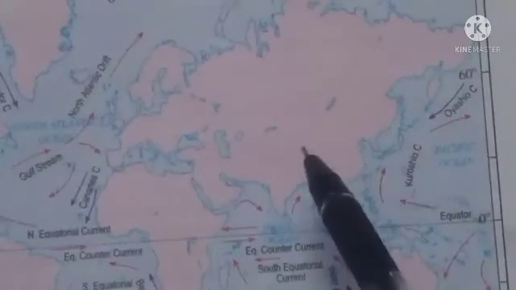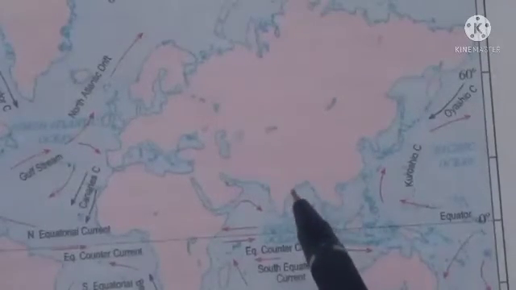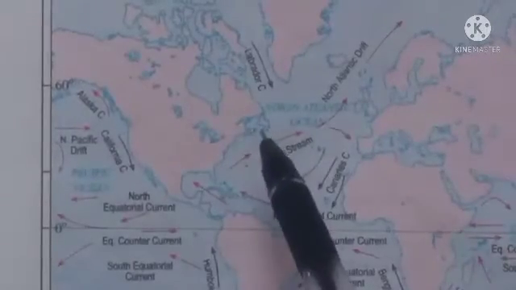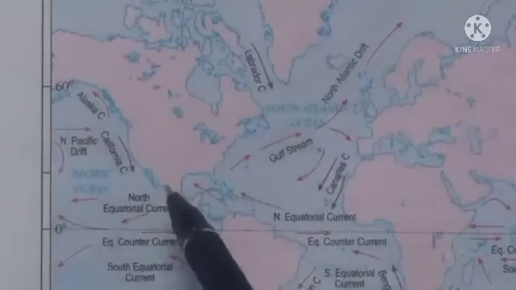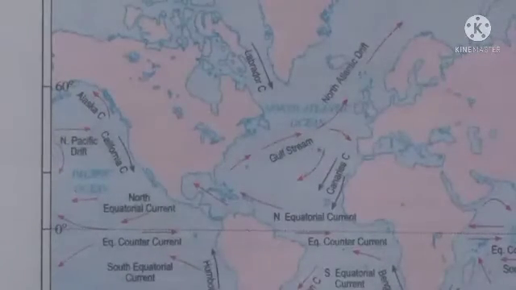And then we can see the North America coast. So the Japan coast and the North America coast are good places for fishing grounds. And a place where the warm and the cold currents meet also experiences foggy weather, making it difficult for navigation. So where the warm current and the cold current meet, ships cannot move freely.